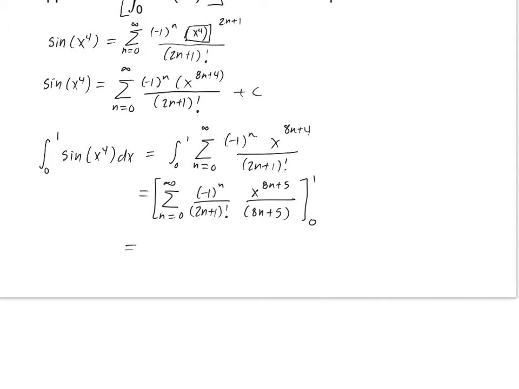So all this is the sum from n equals 0 to infinity of -1 to the n over 2n plus 1 factorial times 8n plus 5. Does that make sense?